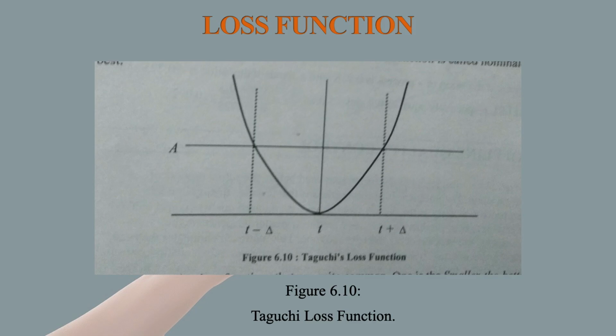But if it moves away from the target value, however much it moves, the total will be the loss for the customer. That is what Taguchi's loss function states. Here you can observe on the left side it is T minus delta, which gives the loss, and on the right side T plus delta, and from there to the right side it gives the total loss to the customer. This is Taguchi's loss function.